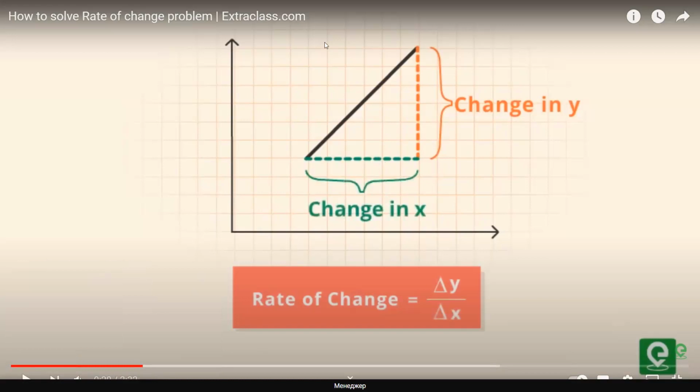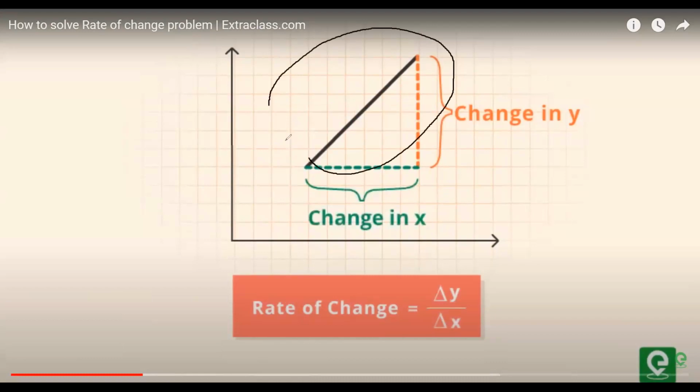And you can see on the screen, he's taking a certain segment of this graph. It may be going farther up, but when we're talking about average rate of change, we can take a certain interval, right? When we talk about instantaneous, we talk about only 1 point.